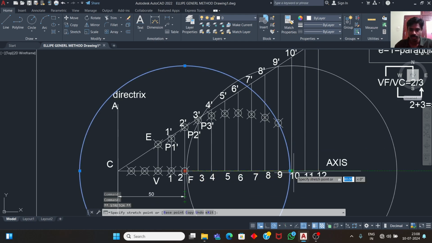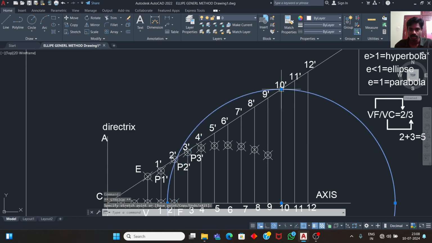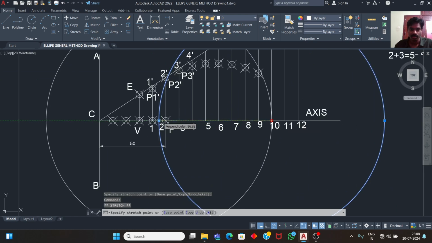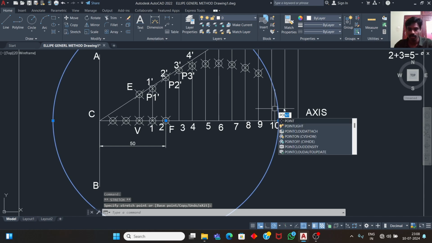In similar manner, 10 to 10 dash as the radius. Increase the radius, move to focus and locate the point.